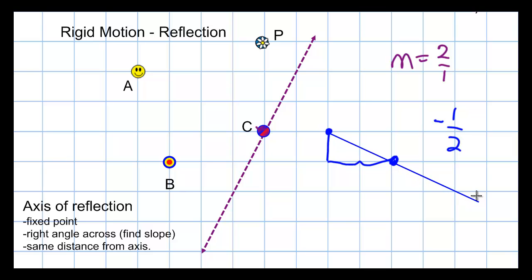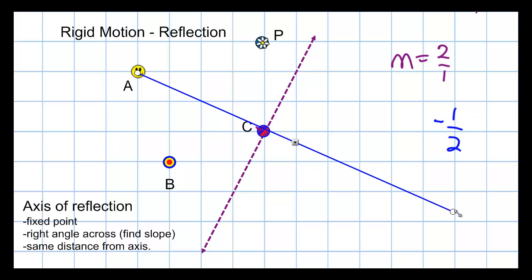And so I'm going to use that slope so that I am sure to have a 90-degree angle against my purple line. So to reflect A across my purple line, the reflection needs to be exactly perpendicular to the purple line, and it needs to go the same distance.